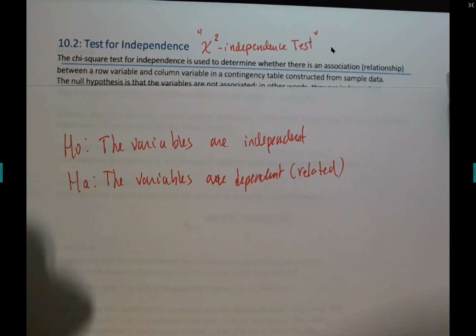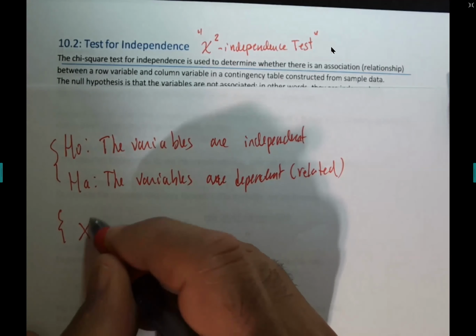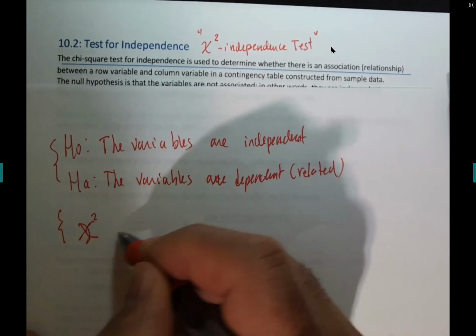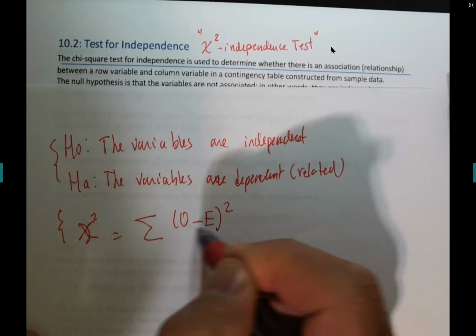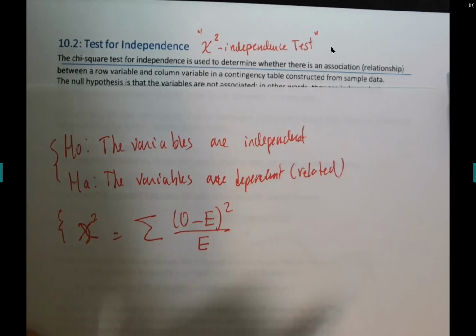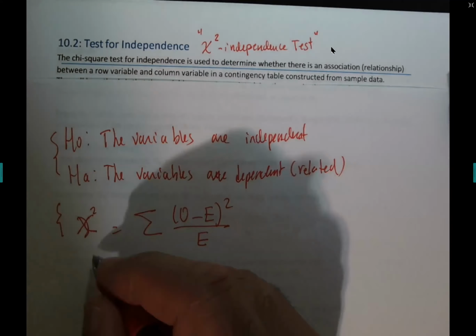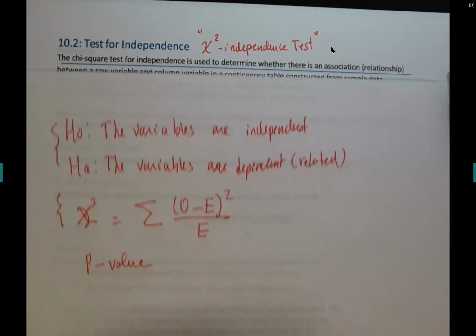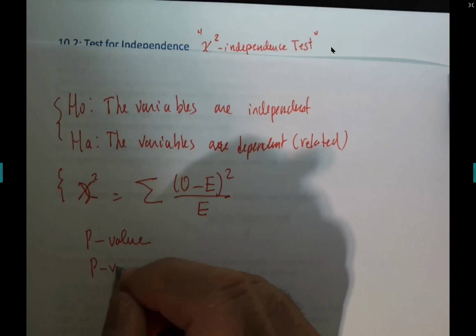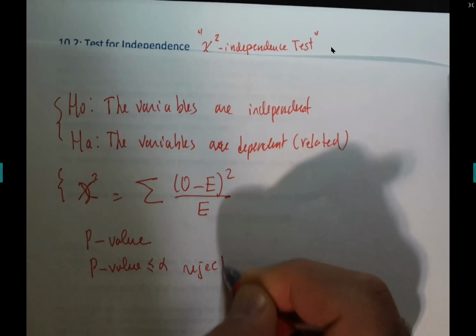And then step number 2 is to calculate the test statistic, which is the same formula, but we're going to be using technology for this one to calculate the test statistic, chi-square. Then you find the p-value. If the p-value is less than alpha, we reject H0.